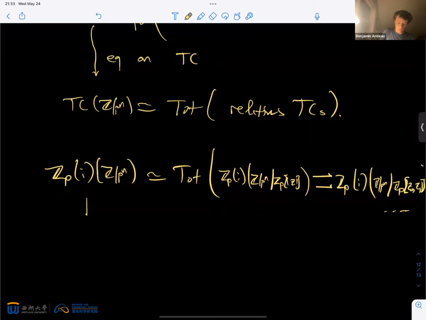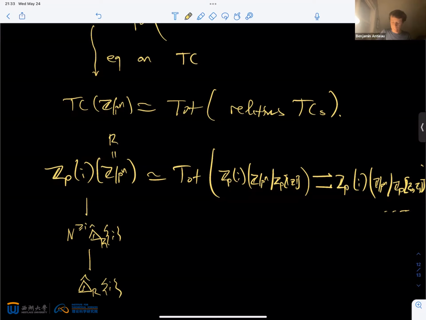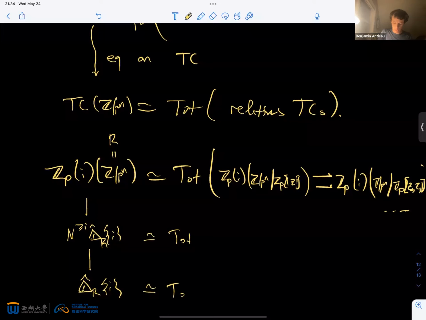And remember that this sits in a fiber sequence, where this is the absolute prismatic cohomology. And now we can just extend this diagram. There are cosimplicial fiber sequences.